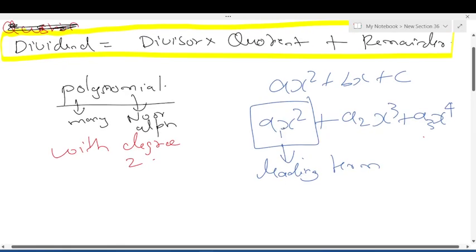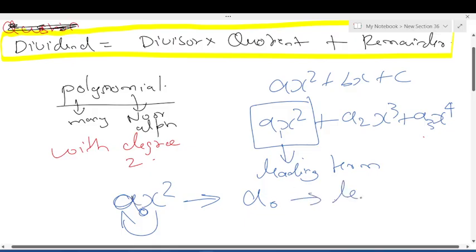What is the coefficient for the highest power of x? In this, a0. We call it the leading coefficient. This is the word they have given in this textbook, so just remember leading coefficient.